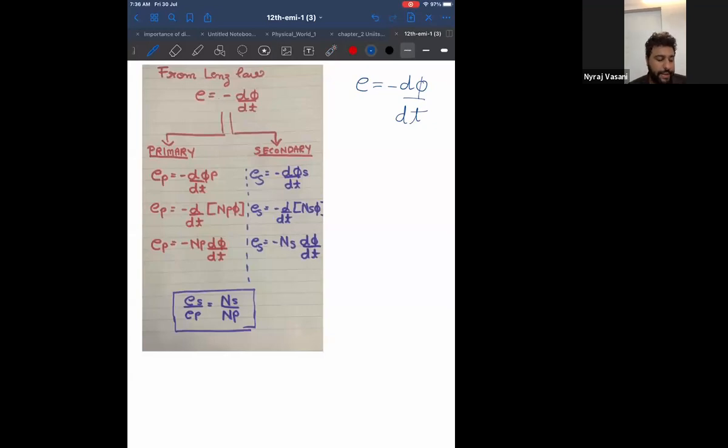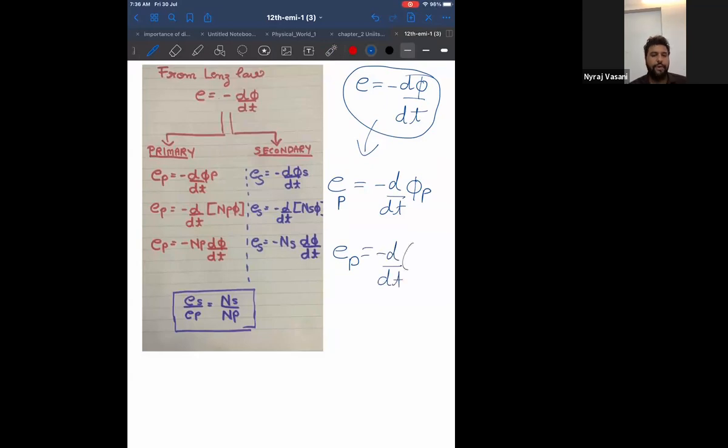Now if I apply this particular law to the primary coil, will it not be EMF of the primary coil is equal to minus d by dt of flux of the primary coil? If I apply Lenz law to the primary coil, will I not get P as my suffix? Or can I say EP is equal to minus d by dt? Do I have a formula for flux of primary?